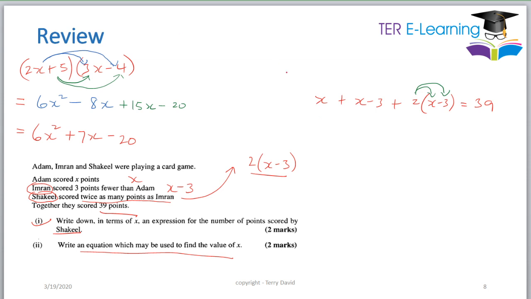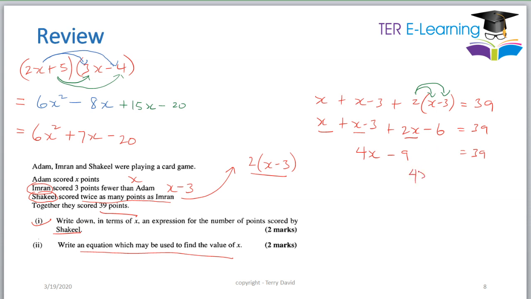So what I'm going to have here is x plus x minus 3 plus 2x minus 6 equals 39. Now I'm going to bring all the x's together. So we have x here, x, and 2x. So that's 4x, and minus 3 minus 6 will give me minus 9, equals 39.